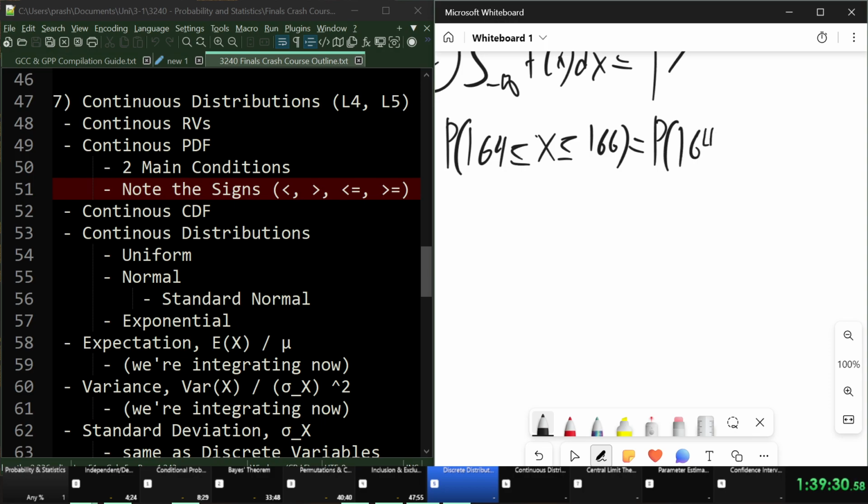They mean the exact same thing. This statement is equivalent on both sides. Even though I remove the equal signs, because this is a continuous distribution, it doesn't make sense to have probability at a point, so you can just safely remove the equal sign.